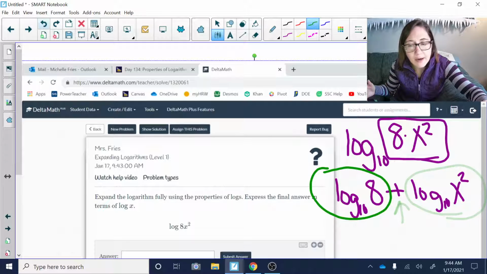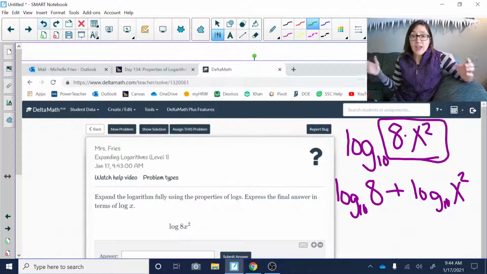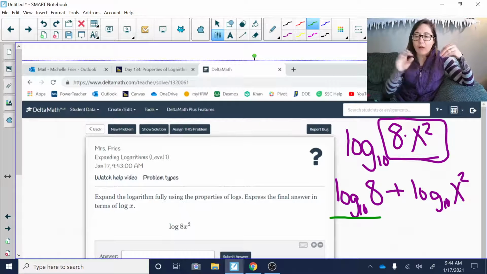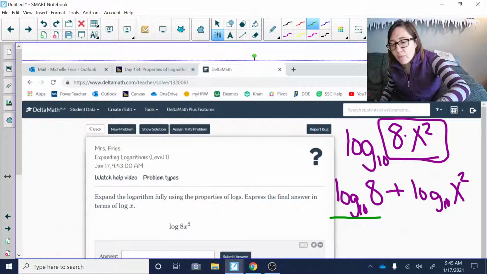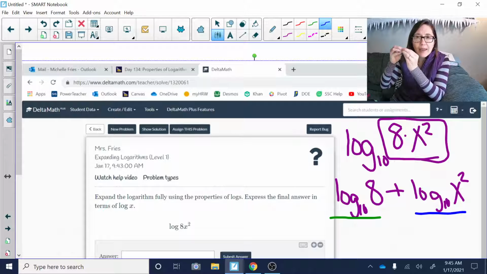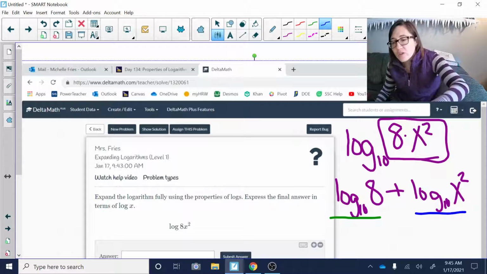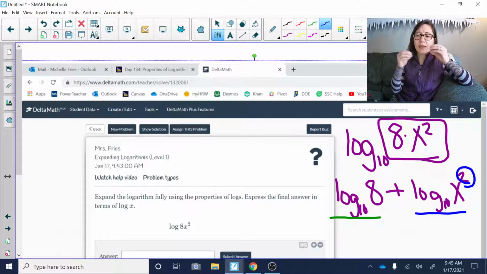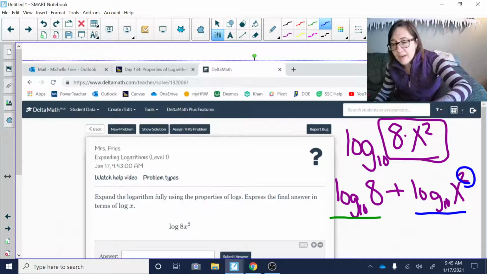So let me get rid of some of that writing. I've got this part on the left down to just a single logarithm, but this part on the right, I'll mark it in blue, has an x squared as its argument. So it's still a little bit complicated. I'm going to see if I can break that down. We have a power here, so this 2 is a power. What do we do in the power to a power property? That's when you multiply the exponents, right?